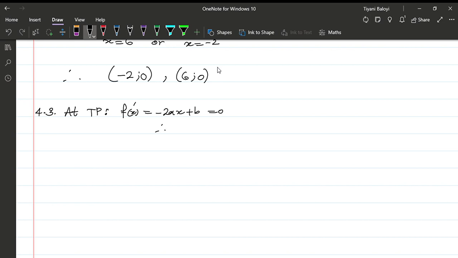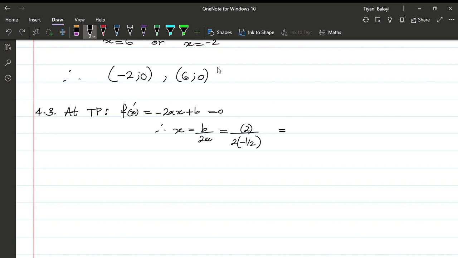Therefore, x is equal to b over 2a, since you divide by a negative and that becomes positive. So we know that b is 2. We calculated a as minus 1 over 2. So this will be 2 by minus 1 over 2. So you therefore get your x value as being what?